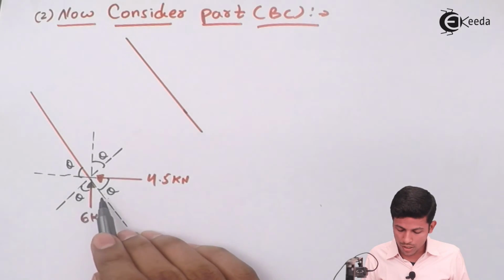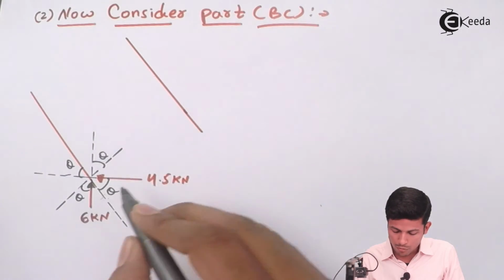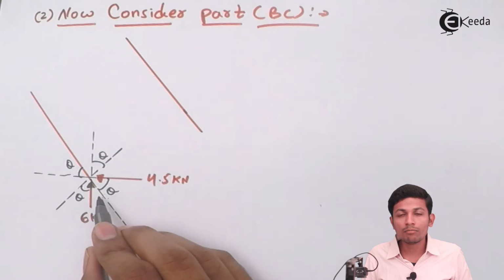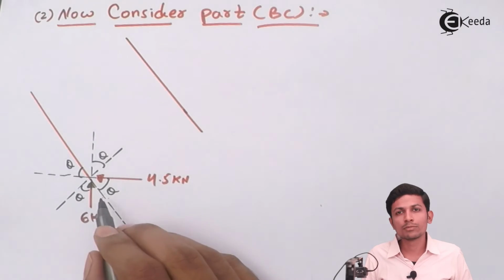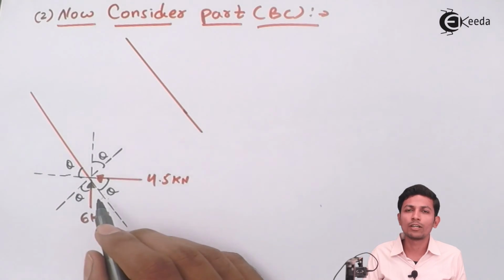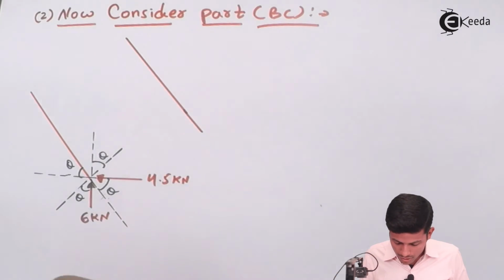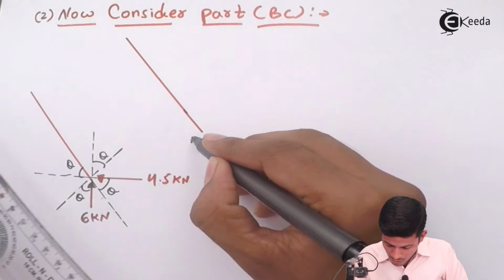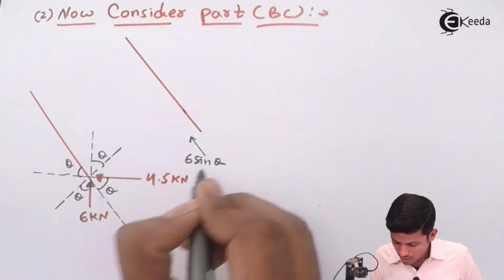With this 6 resolved over here, this value will come 6. This one is not with respect to the angle, so it comes sine. Now when this 6 goes this side, this will come 6 sine theta.